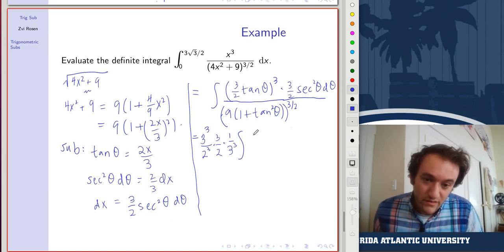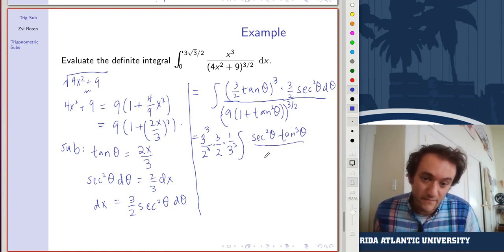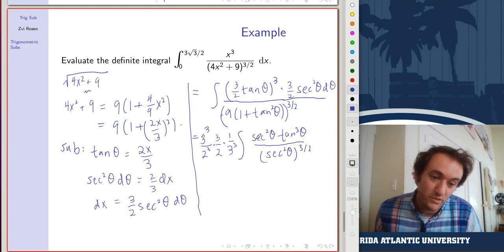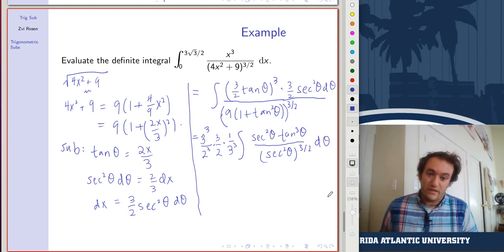And we are left with secant squared theta, tangent cubed of theta, divided by secant squared theta to the 3/2. Okay, and there I made the substitution, 1 plus tan squared theta equals secant squared theta. And we have d theta.